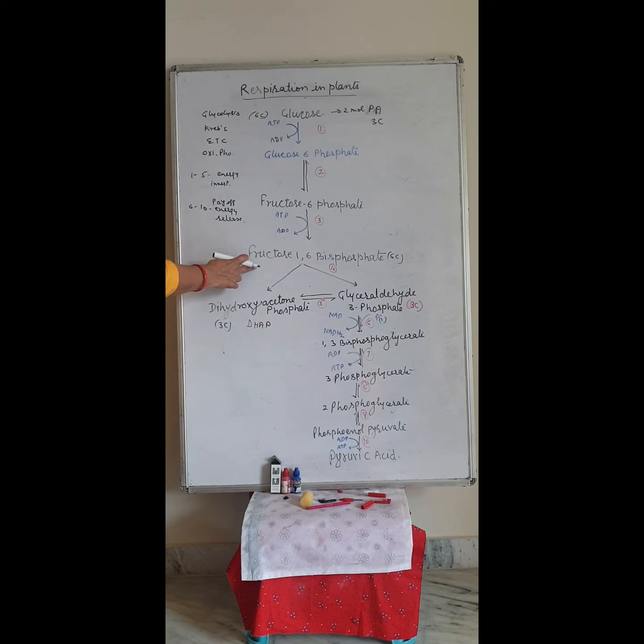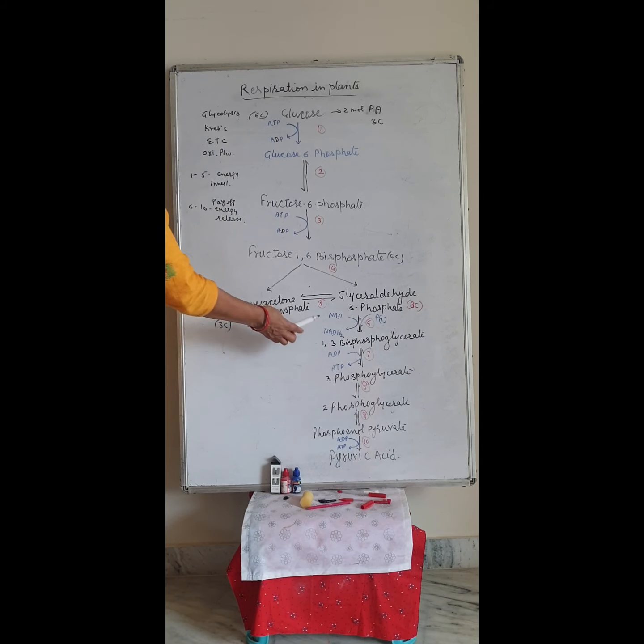It means the 6 carbon fructose compound is broken down into two compounds, both are 3 carbon, and both can interchange with one another. It is a reversible reaction, the DHAP and glyceraldehyde 3-phosphate can interconvert to each other.